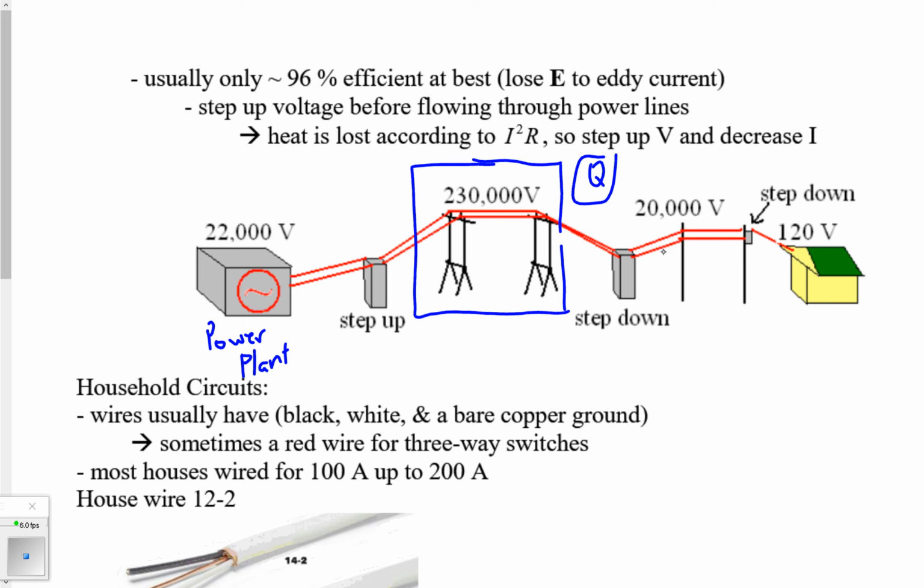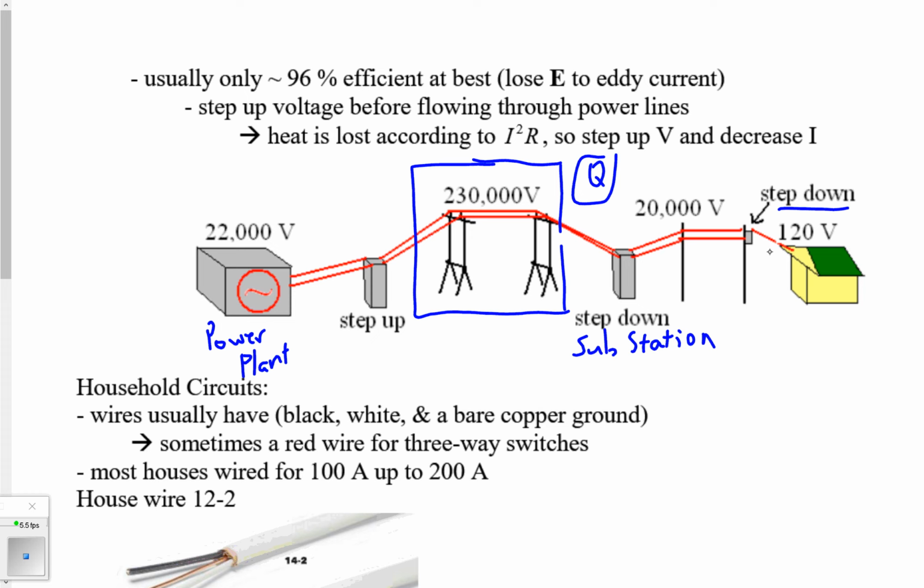And then before it runs to the wires outside your house, you've probably got what most people usually refer to as a substation. Somewhere around your house, you'll probably see a bank of transformers, and they'll bring this voltage back down to like 20,000 volts. And then outside your house, you'll have another step down transformer to bring it into your house.